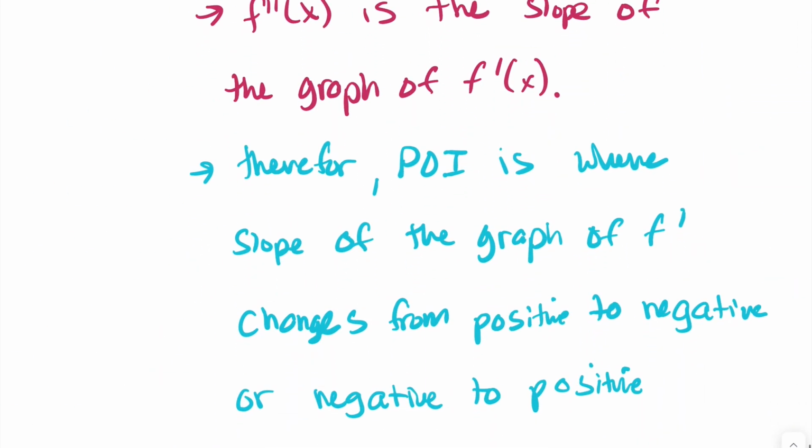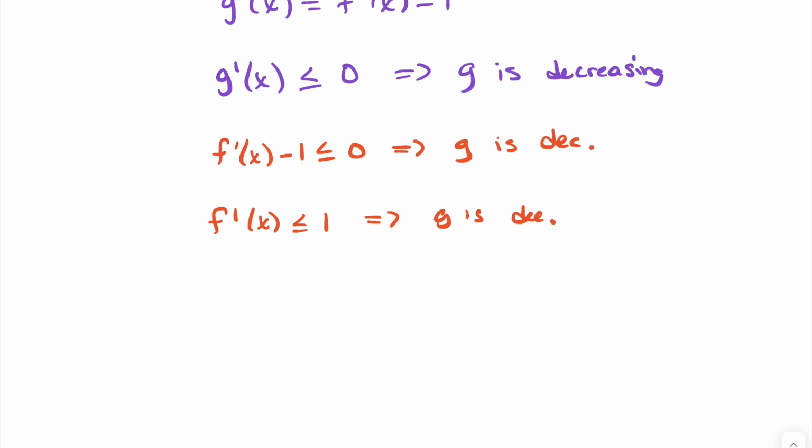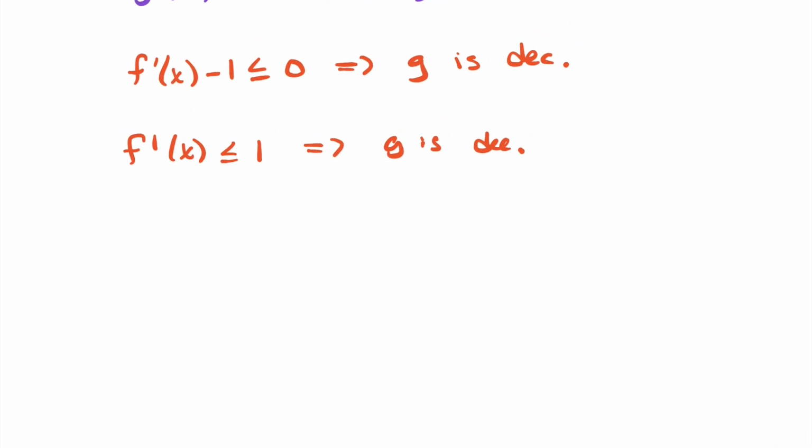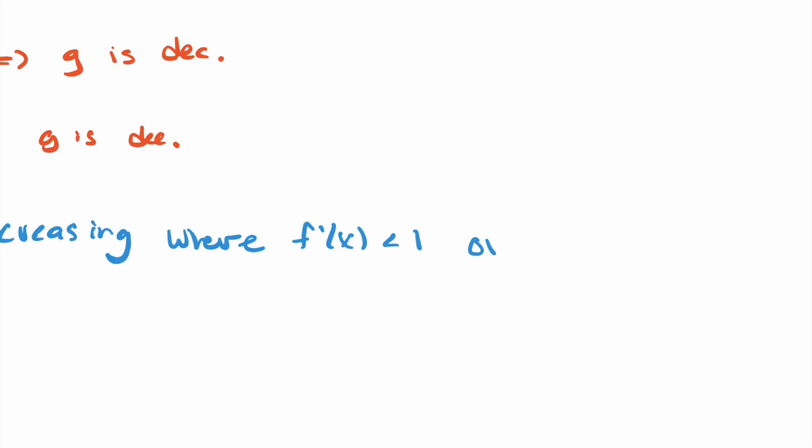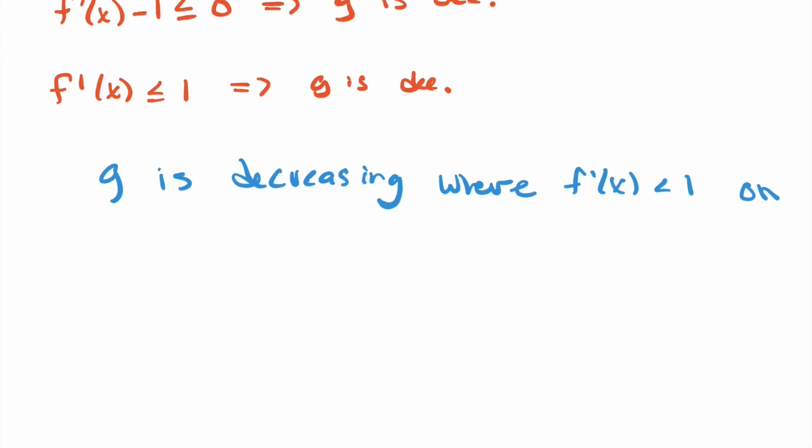So we'll say that g is decreasing where f prime of x is less than 1 on the interval 0 less than or equal to x less than or equal to 5.